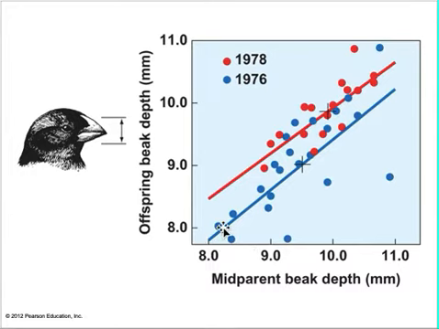But then, as the mid-parent beak depth increases, tumataas din po yung depth ng offspring nila. So as you can see, as the parent changes its beak depth, okay, may changes in the beak depth, so it is being passed on to the offspring. Ganun ang nangyayari in the process.